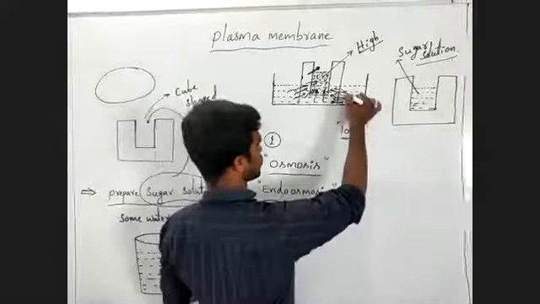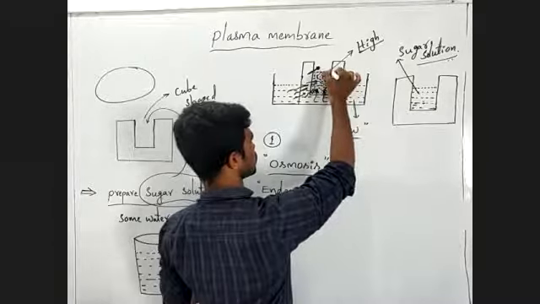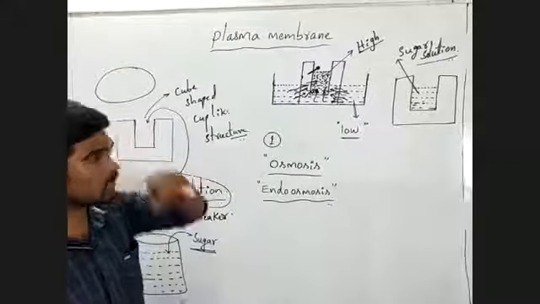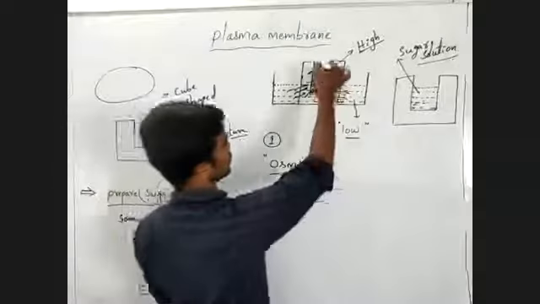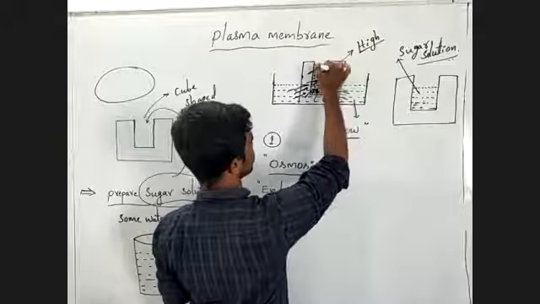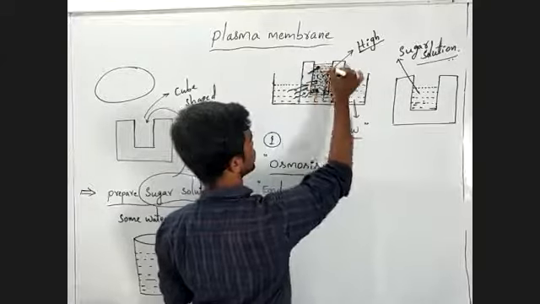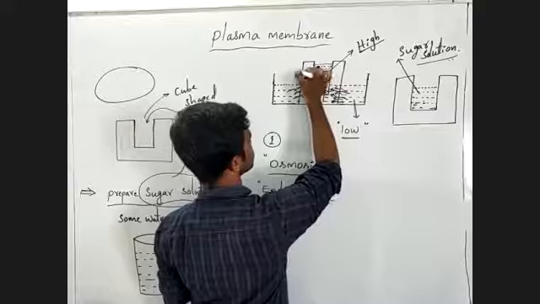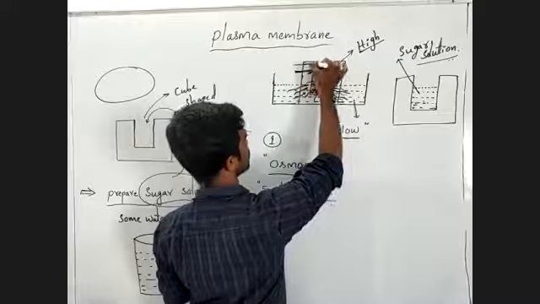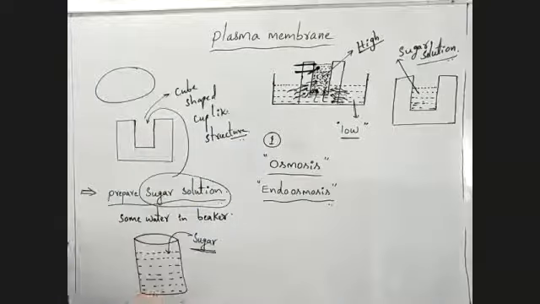Understanding? Whenever water is entered into the sugar solution, level of the sugar solution is also increased. For example, here, this is the increased level of solution. This is the first level of the sugar solution. Now this is the increased level.